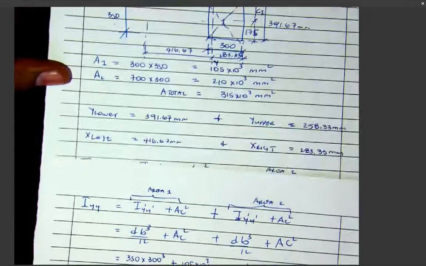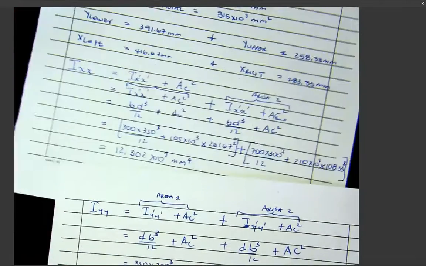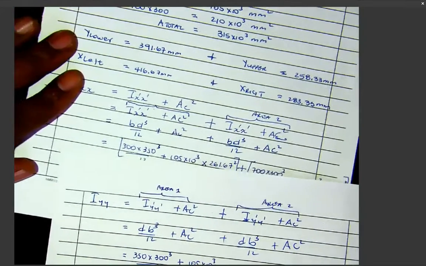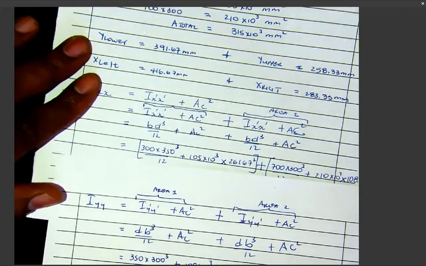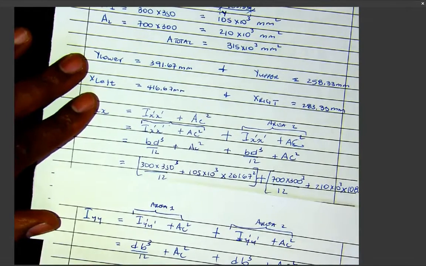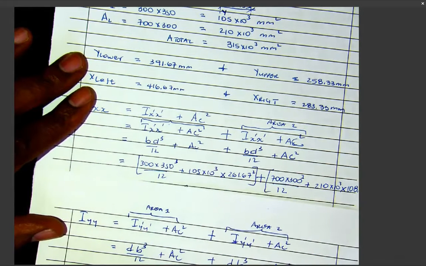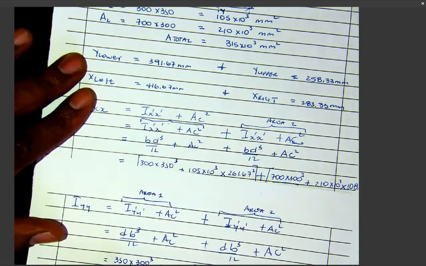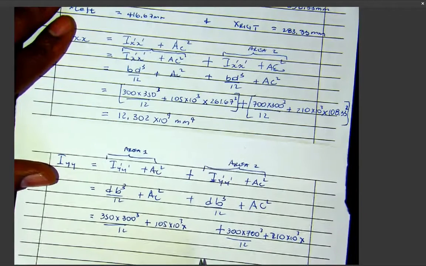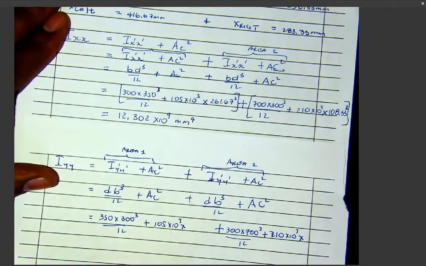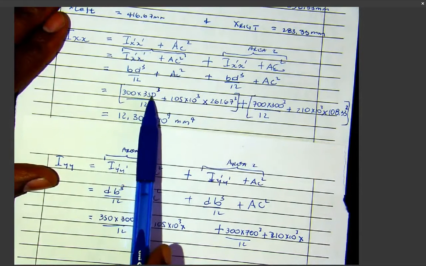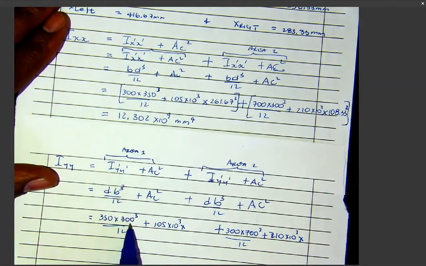Okay, let's compare the two now. With IXX, it was 300 times 350 cubed. Now it's 350 times 300 cubed, or you can say 300 cubed times 350 over 12.